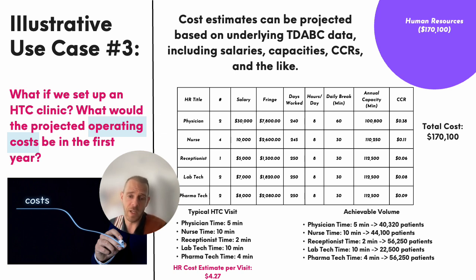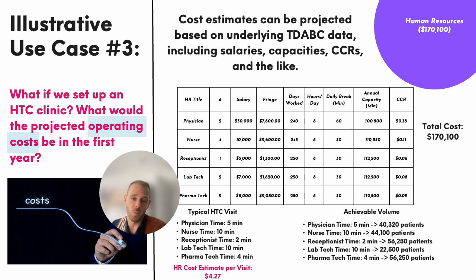Now from this we could ask ourselves, what's the achievable volume that could be reached based on our theoretical staffing levels from that table here. If we have 5 minutes of physician time for each visit, then we could theoretically serve 40,320 patients.